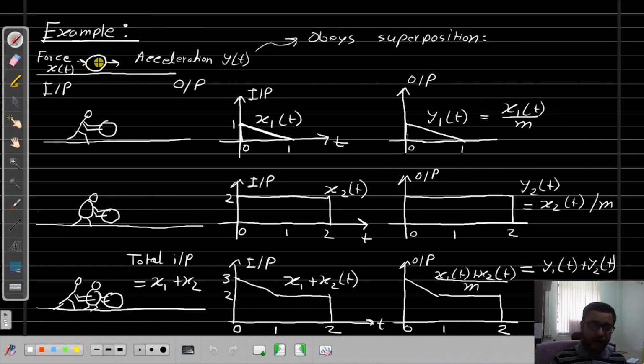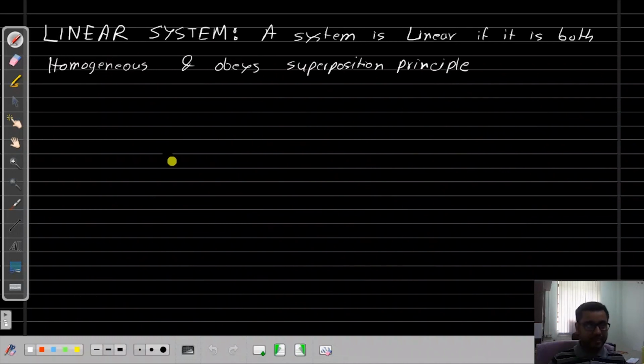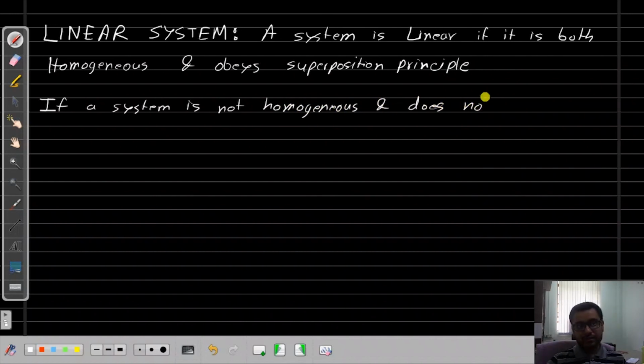So this is a linear system. However, if a system is not homogeneous or does not obey superposition, then it is non-linear.